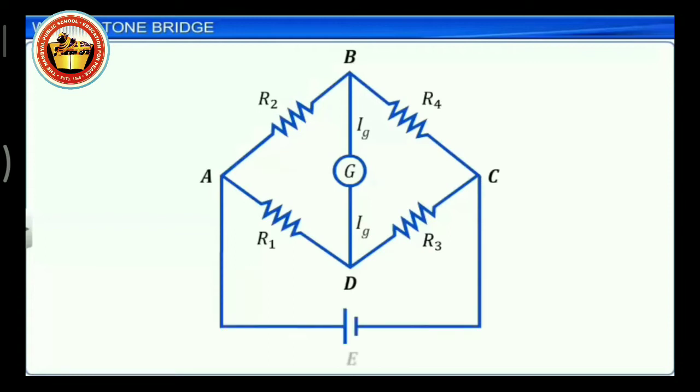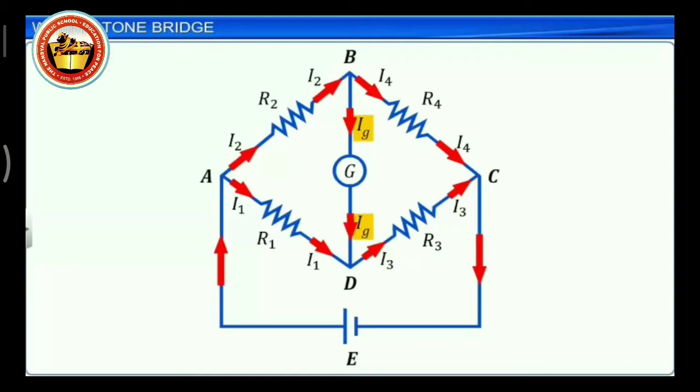Then we connect a cell across A and C. The current passes from the positive terminal of the battery to A. At junction A, current I splits into I1 and I2. At B, the current I2 splits into Ig and I4. At junction D, the current I1 splits into I3. At junction C, I4 and I3 enter the junction.